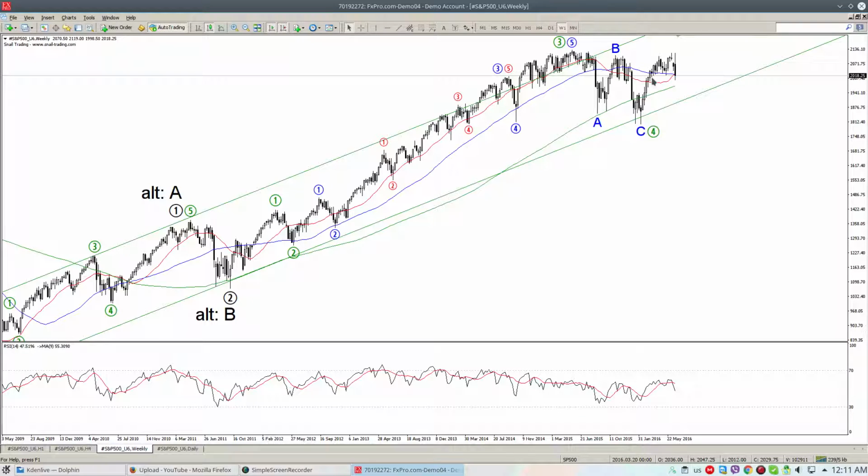That's 3 months ago. Also, the 14-week RSI has crossed its SMA and turned lower, and has made its first close below its neutrality area since February 2016.